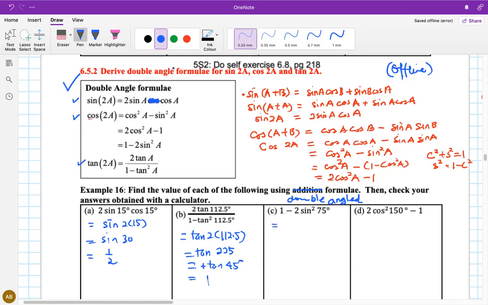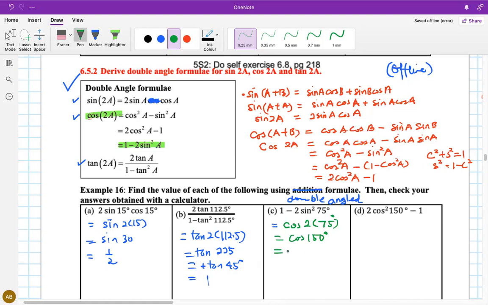Then 1 minus 2 sine square 75. Here we are applying this formula, which is equivalent to cos 2A. So cos 2 times 75 degrees, you get cos 150 degrees.